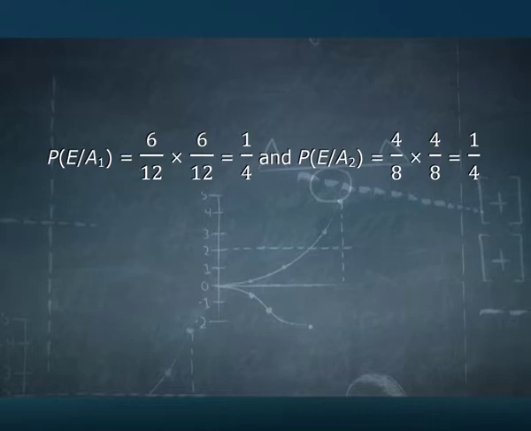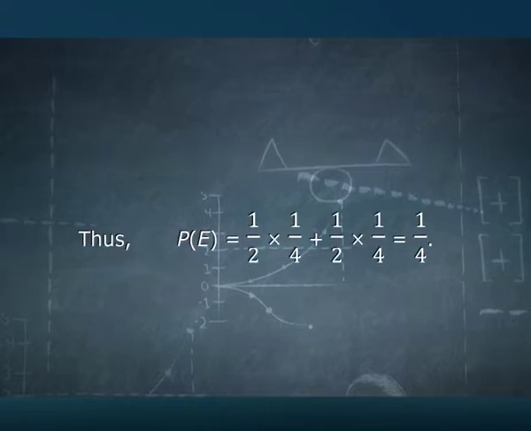And probability of E given A2 will be calculated as 4 by 8 times 4 by 8, so that is again equal to 1 by 4. Thus probability of E is equal to 1 by 2 times 1 by 4 plus 1 by 2 times 1 by 4, which is equal to 1 by 4.